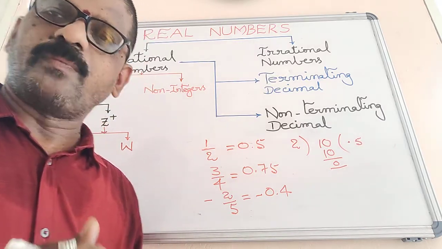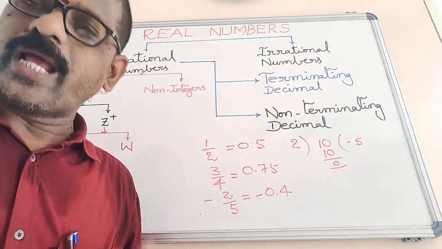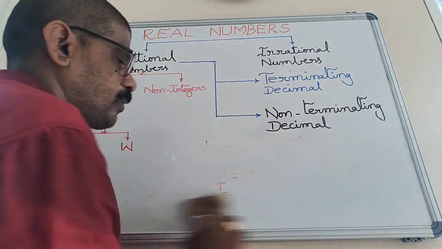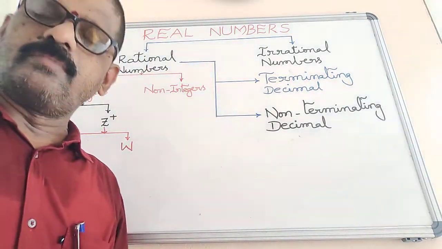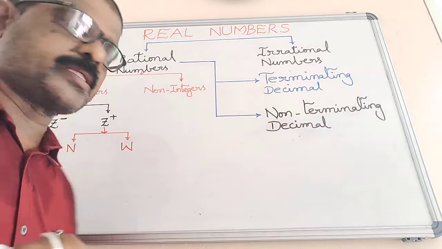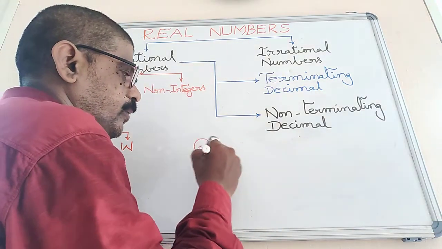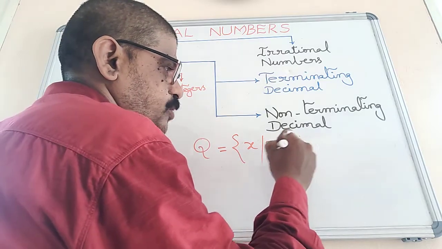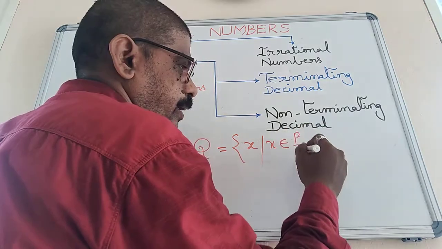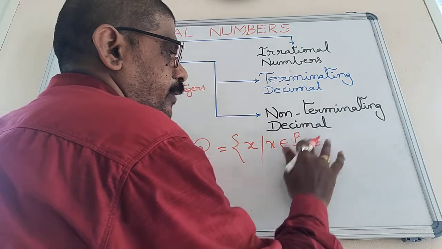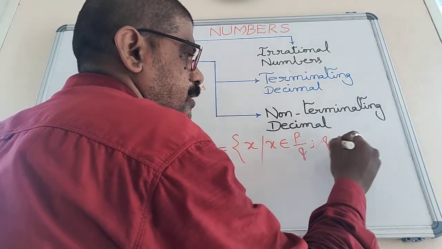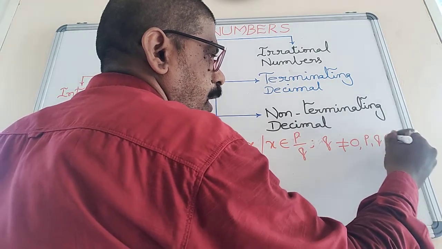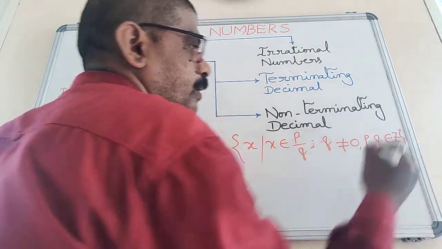We know that rational numbers are also called quotient numbers. That means the set of rational numbers is denoted by the letter Q. How to write it? X such that x belongs to p by q. The condition is q is not equal to 0, p comma q belongs to Z. Clear?